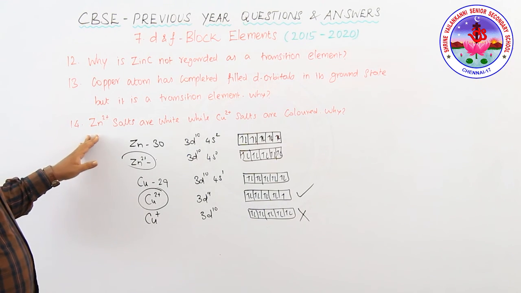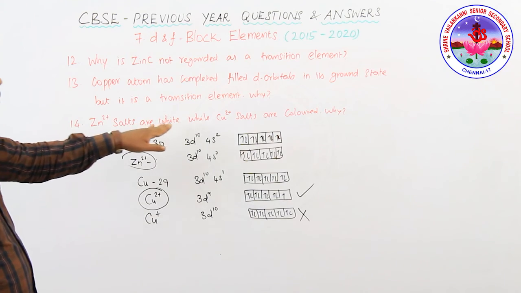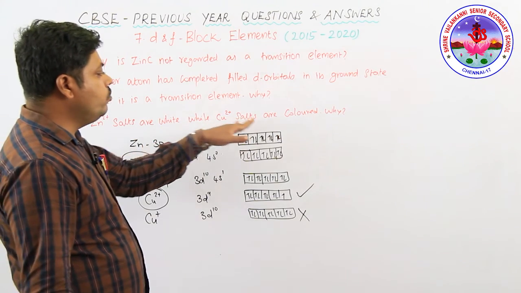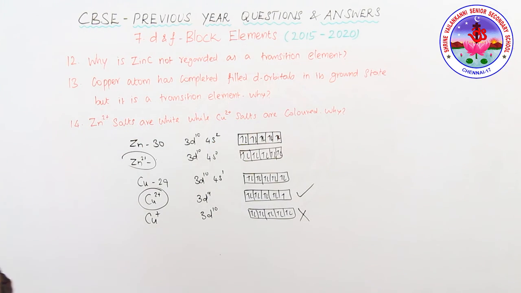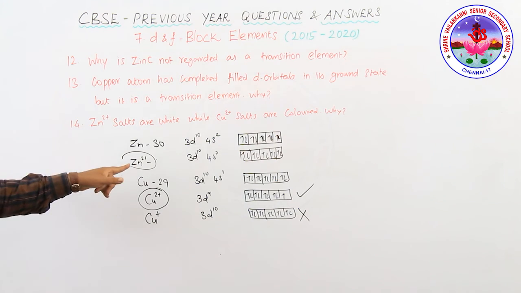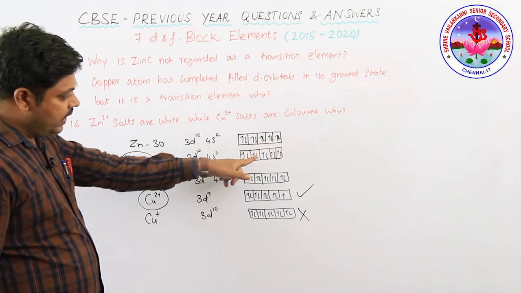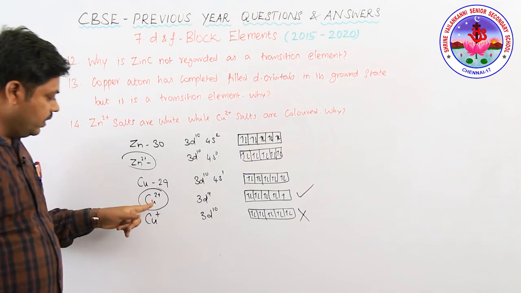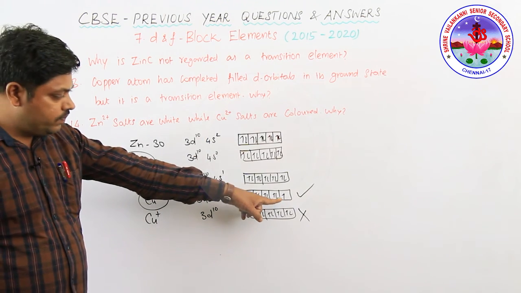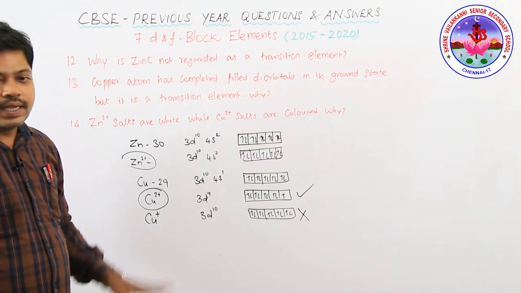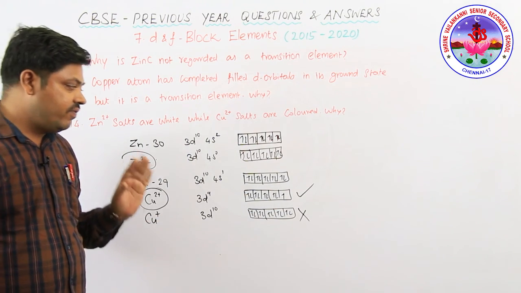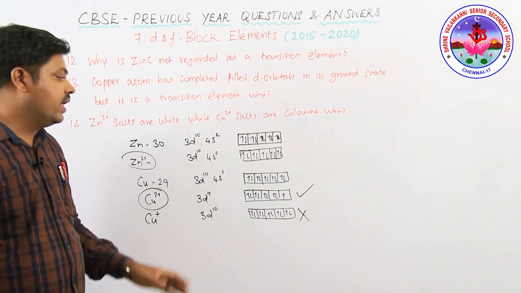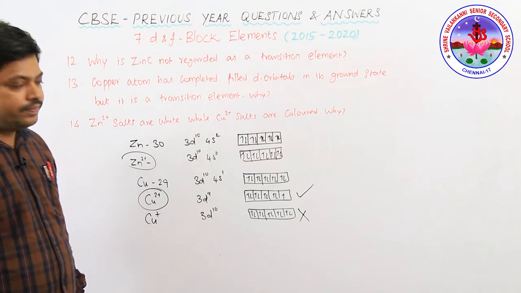Then the third question, zinc 2 plus salts are white while Cu2 plus salts are colored. What is the reason? You know that in zinc 2 plus, no unpaired electrons are present. But look at Cu2 plus, there is one unpaired electron. The presence of unpaired electrons in the d orbitals means the compound is usually colored in nature.